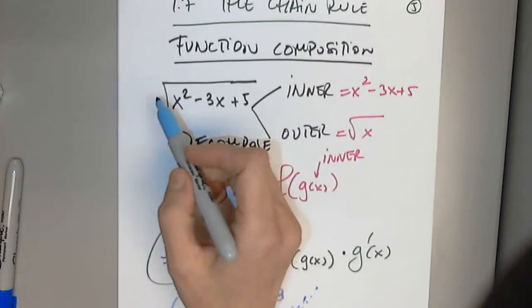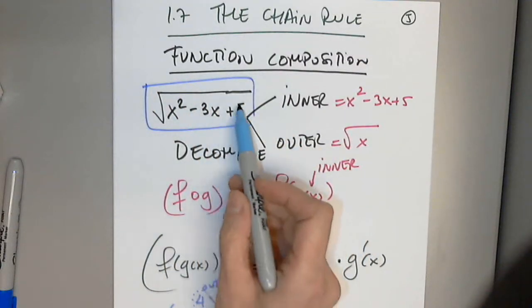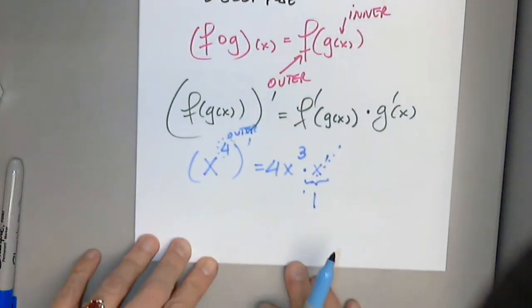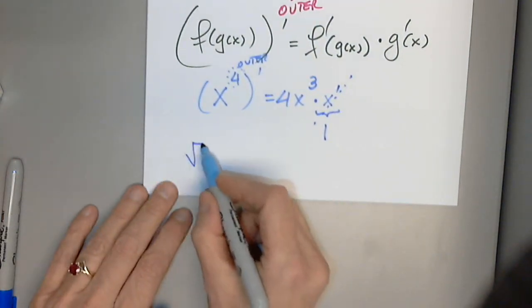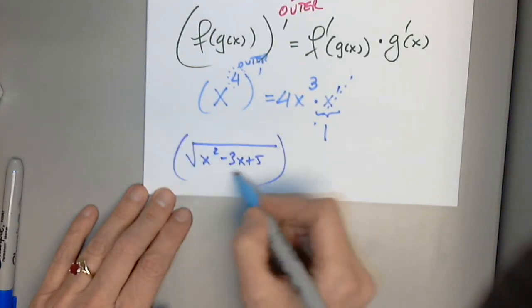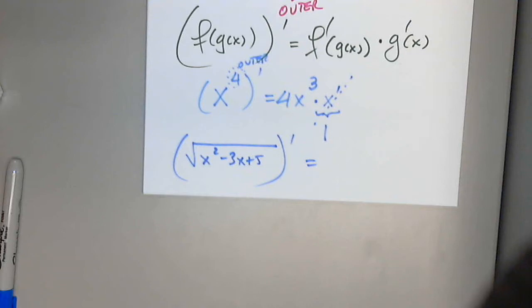But now when I differentiate something like this, a function inside another function, that's a totally different situation. So when I differentiate the square root of x squared minus 3x plus 5, I have to first differentiate the outer function as if I only have x inside and nothing else. What is the derivative of the square root of x?